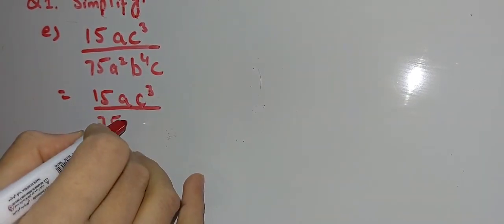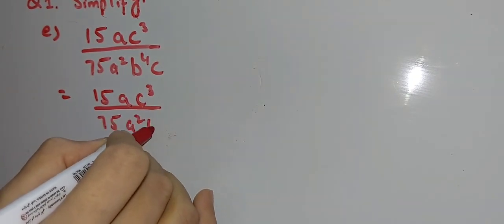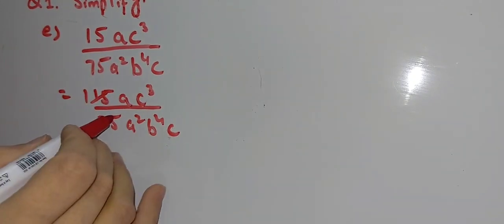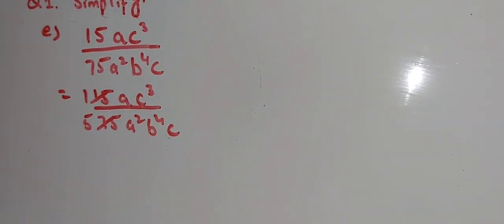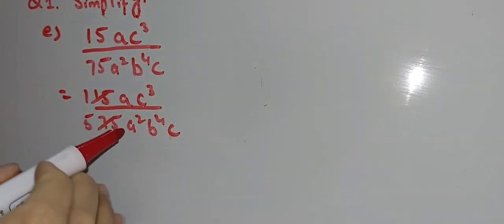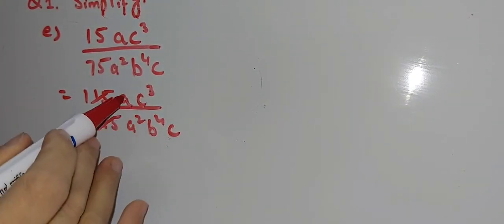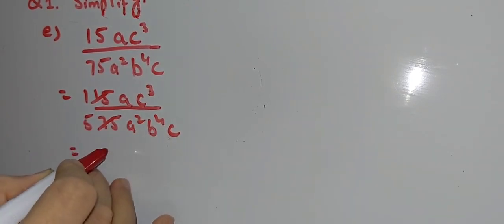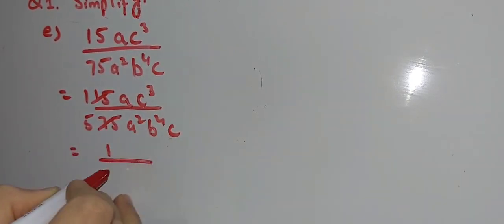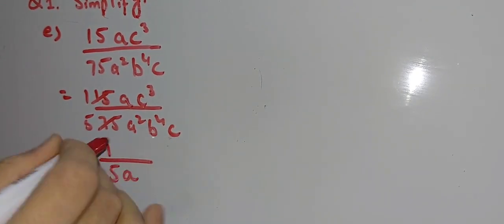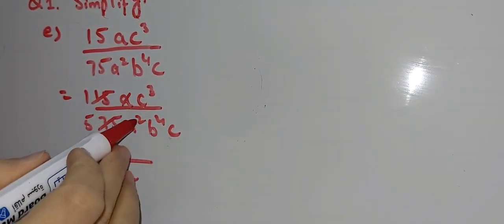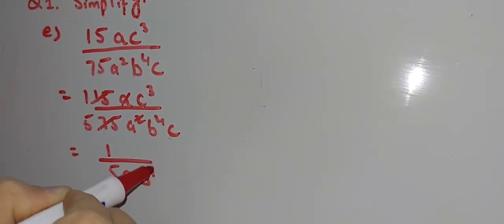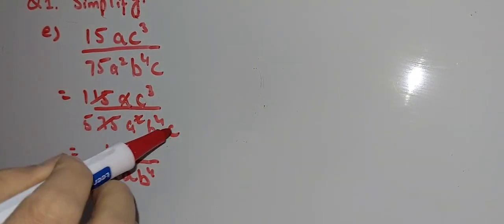Yes, even in the 15 table we find both numbers, so we will go with the number 15. 15 ones are 15, 15 fives are 75. Now the denominator has a square and the numerator has a, so our answer will start like 1 upon 5 a, and 1 a cuts with this one. This is left here.